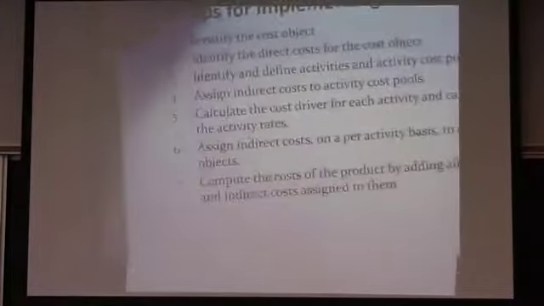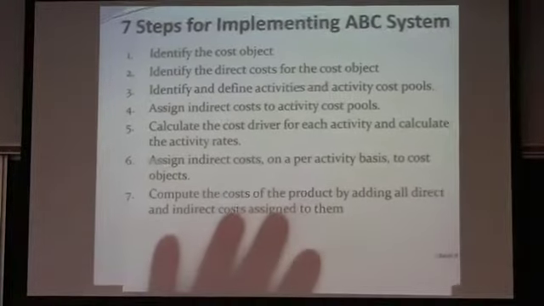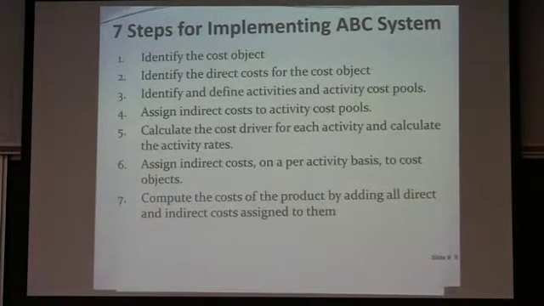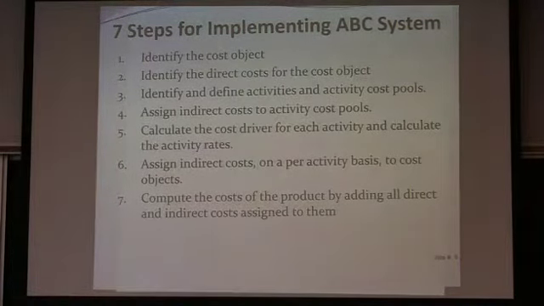Now, when we do activity-based costing, there are essentially 7 steps in implementing it. The first step is to identify the cost object. The cost object would be product 1, product 2, product 3, product 4, let's say, in that example. Then step 2, identify the direct cost of the cost object.